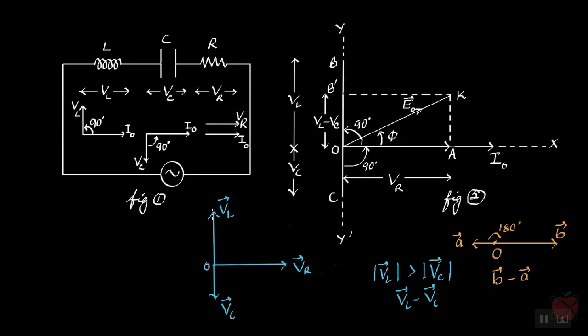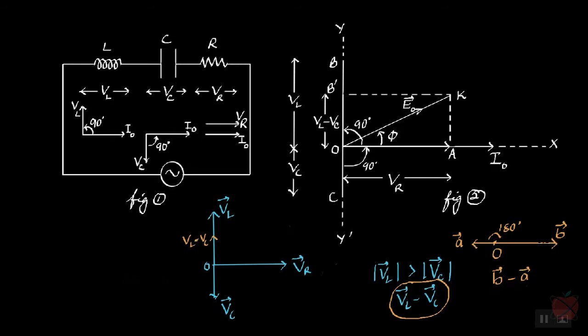So similarly here, since these two are acting directly opposite to one another, the resultant of this vector and this vector will simply be the larger vector minus the smaller vector. Is this clear here? So it will be VL minus VC. If you take VL minus VC, you will get a vector somewhere here. Are we clear here? What will be the direction?